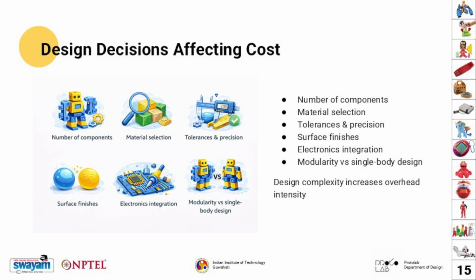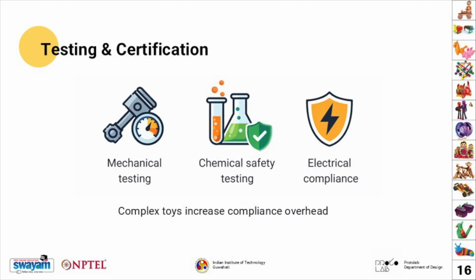A modular STEM kit may feel educationally rich, but multiply interchangeable parts, and you increase tooling, storage bins, SKU complexity, and logistic management. Design complexity increases activity levels, and activity increases overhead allocation. So cost is not something you calculate later. It is embedded inside form, material, and interaction.